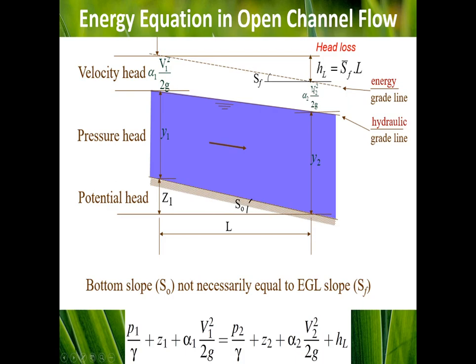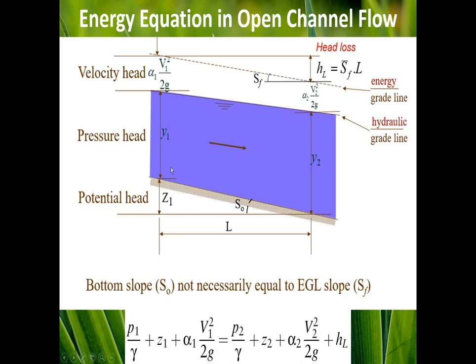This is energy grade line, and we know that the water surface profile is our hydraulic grade line, which is the summation of two terms. Yes, summation of two terms, P1 over gamma and Z term.